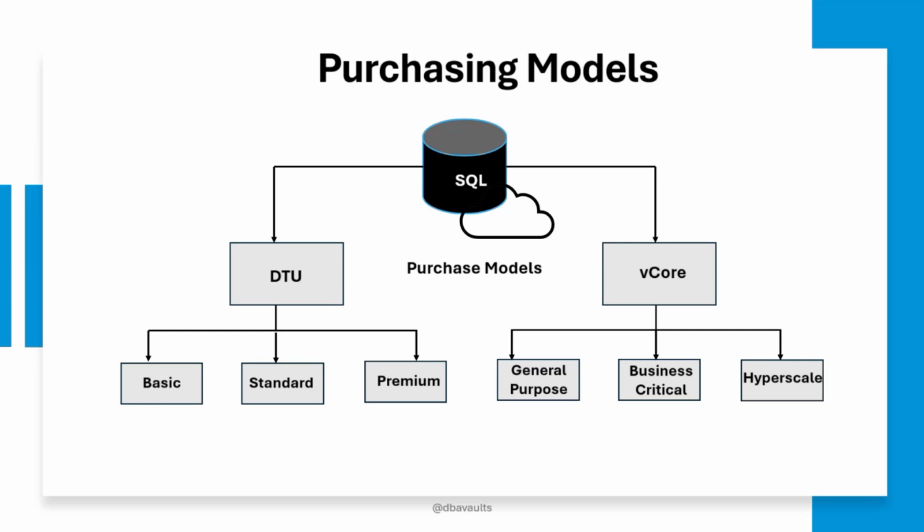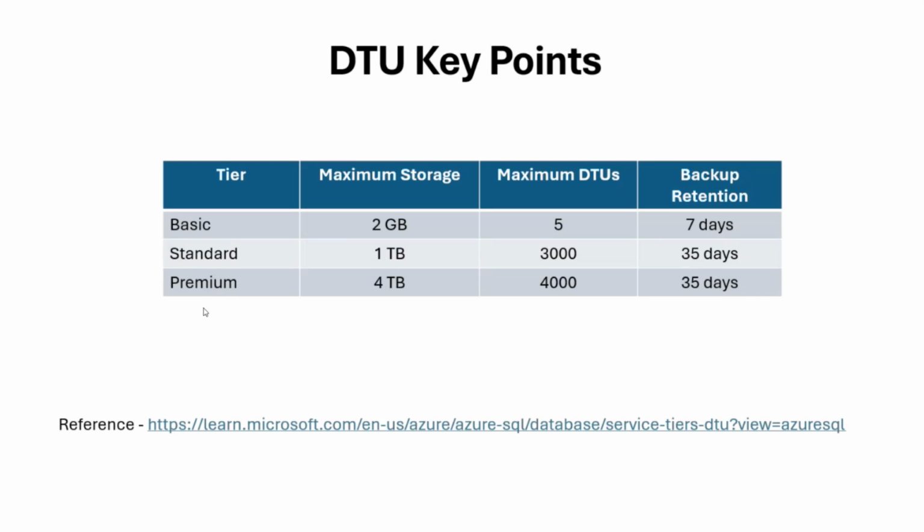Each of these models has multiple service tiers, and these service tiers offer great performance, storage limits, flexibility, cost flexibility as well, and different availability features. Based on your needs, you can select what service tier and what purchasing model you want to go for. Let's deep dive into each purchasing model. I will start with database transaction unit.